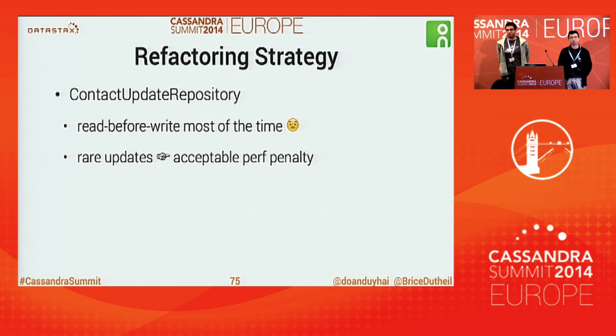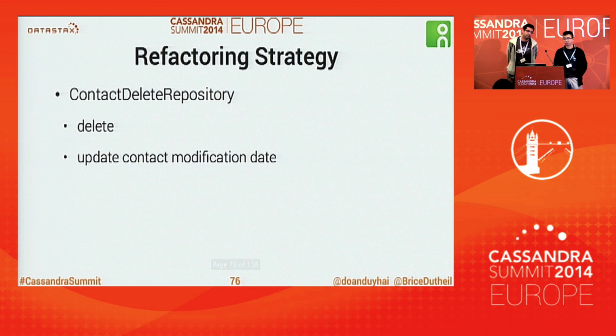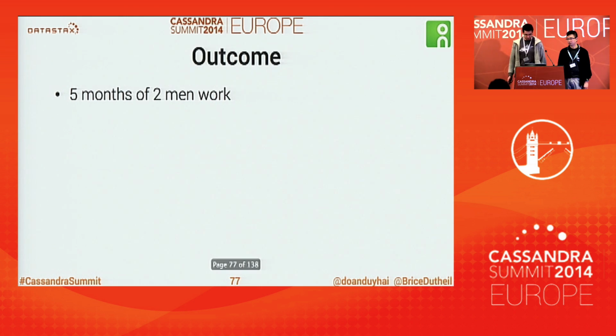Updates are again a different story, because this time we have the unfortunate read before write. But that's okay in this case, because we know that we have very rare updates on the contacts anyway. And delete is again another story, because there is some involvement of business rules there. But that's just the way we did things.